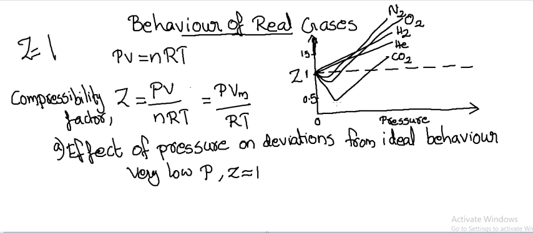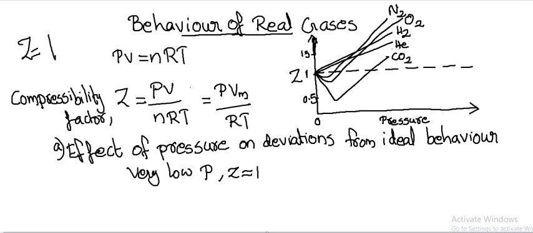All the three gases pass through a minimum, then increase continuously and eventually become greater than 1. That is the observation in the case of nitrogen, oxygen, and carbon dioxide gases.